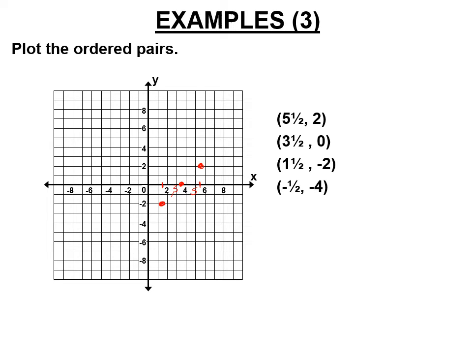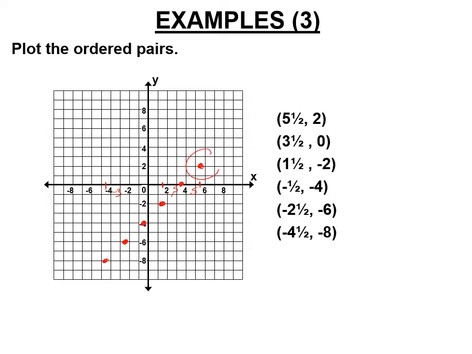X is -1/2. That's halfway between 0 and -1, and then we're going down to -4. X is -2.5. Y is -6. Halfway between -2 and -3 is -2.5, and there's -2.5, -6. -4.5 is halfway between -4 and -5, and -8.